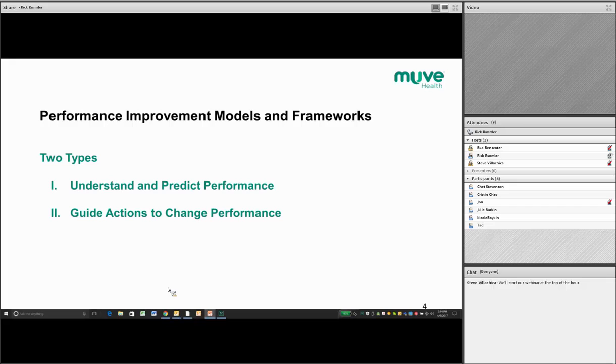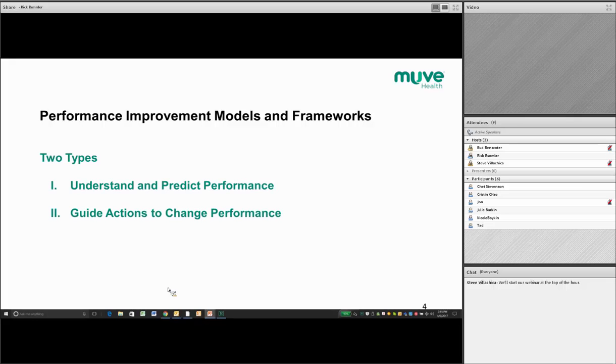But there's another set, which are models and frameworks that really guide the actions that we take, and there's more of a sequence associated with it. So I just put some examples there. Understand and predict performance: that's where I would put Tom Gilbert's behavior engineering model, for example.